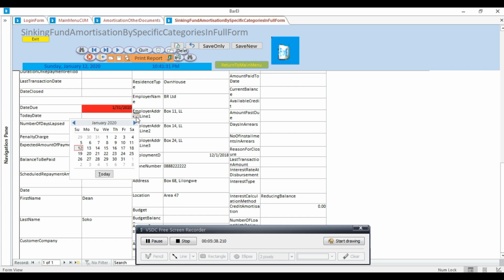Today's date is 12. You can see that 19 days are remaining before the amount is paid. Let's save.